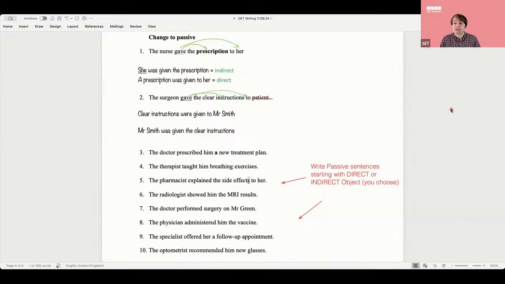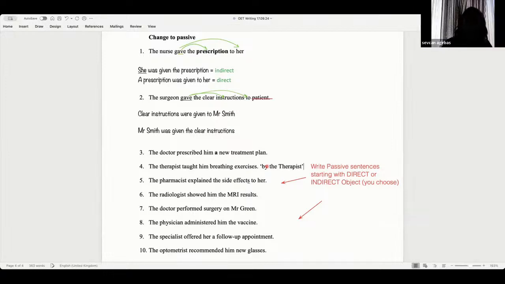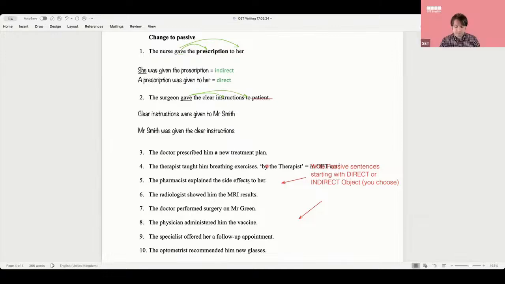Now Sevkan, breathing exercises were taught, you can say, to him by the therapist. Another thing, Sevkan, you don't need to say by the therapist in OET. In OET, you don't need that, I don't know why, just because. In OET, not needed. Subject, just delete subject in OET. Okay, so keep going. That was good.